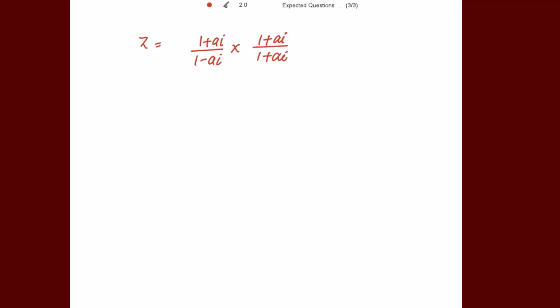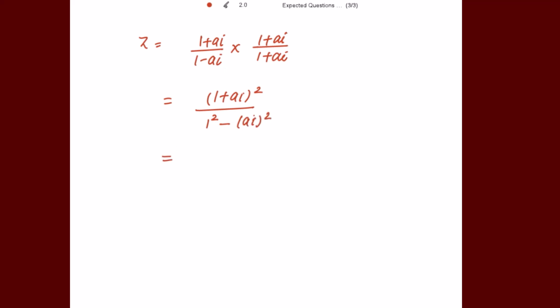We get in the numerator (1 + ai) whole square, and in the denominator the formula is (a − b)(a + b), which gives a² − b². So the denominator is the square of the first term minus the square of the second term.